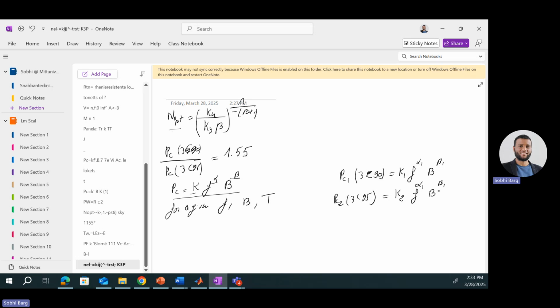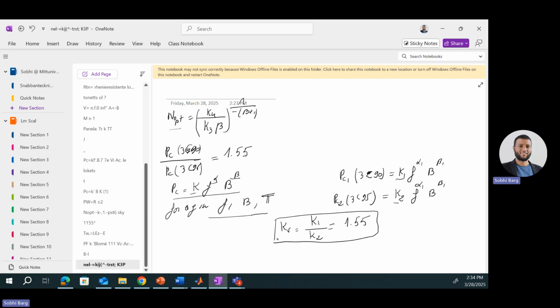Yes, we can do this for a given test condition, frequency, B and temperature. You will get the same. The only difference is these parameters. And K1 divided by K2 is equal to KR, the ratio between the two, which should be equal to 1.55. And that's the worst case.